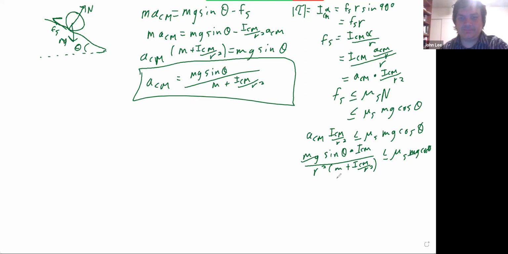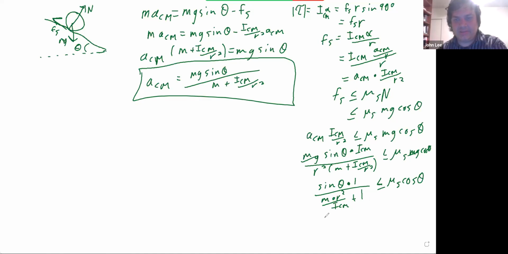So sine theta times 1 over m times r squared over I center of mass plus 1 is less than or equal to mu s cosine theta.